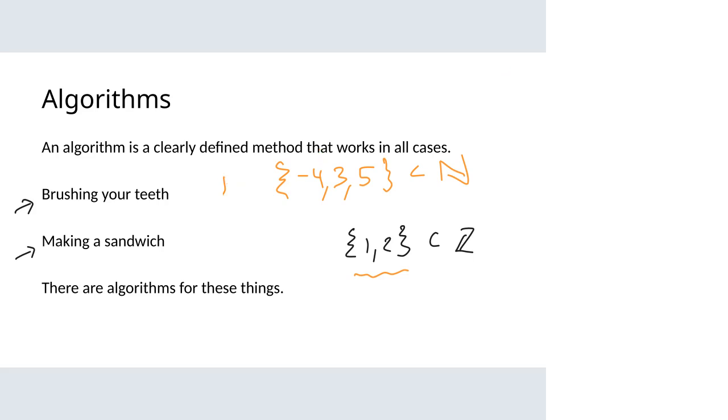And then if a question said -4, 3, 5 is a subset of the integers, then that's true because the -4 is in the set of integers. So really, those three important sets, I just kind of want you to know what they are. They might come up from time to time, but hopefully I'm not going to ask anything that's odd, strange, or obscure that you didn't see coming.